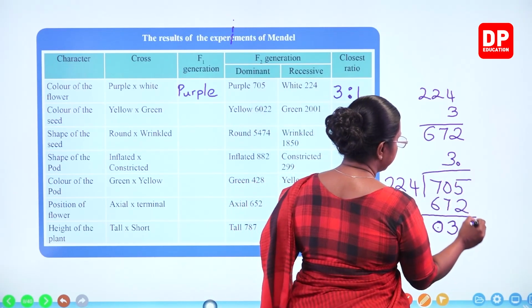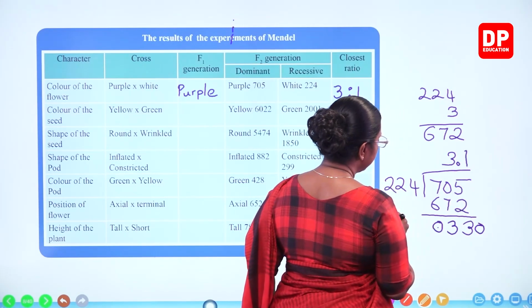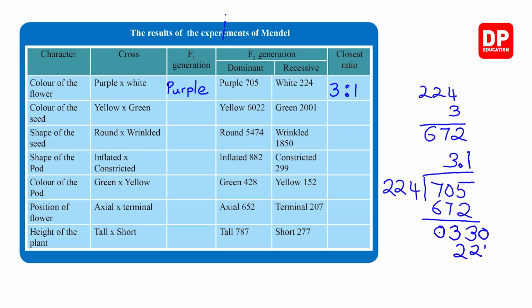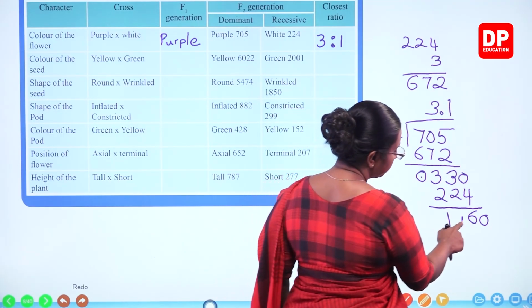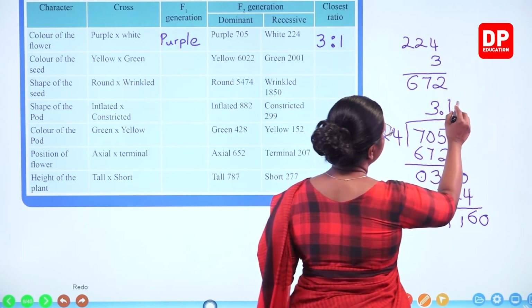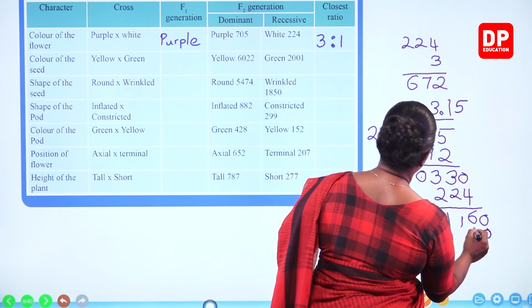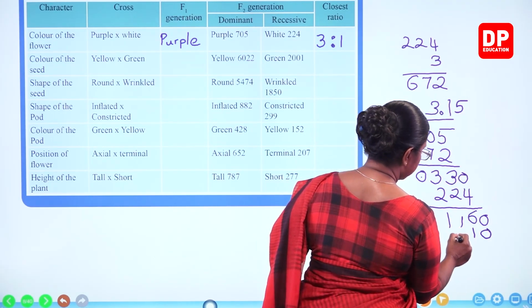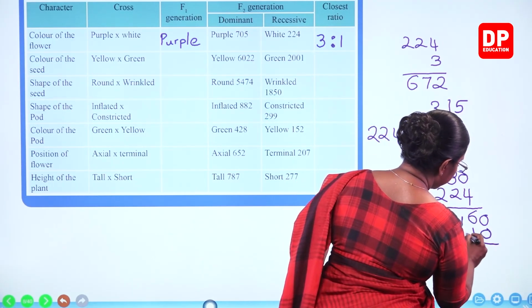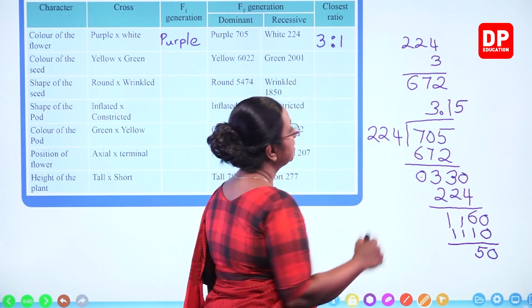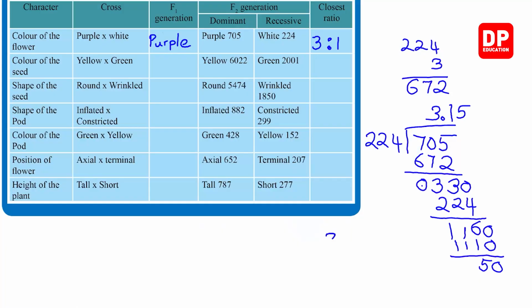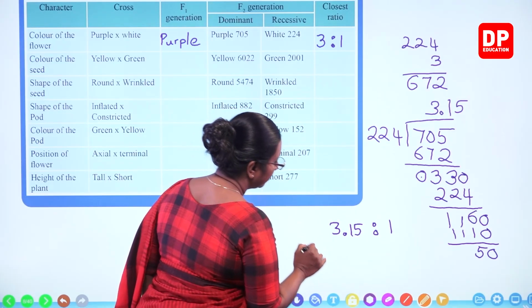Then, if you put a decimal here, 330, it will be 1 times 224, that is going to be 116. So, if it is 1160, it could be about 5 times. So 1110, so that's 50. So, it is about 3.15, so it is going to be 3.15:1.